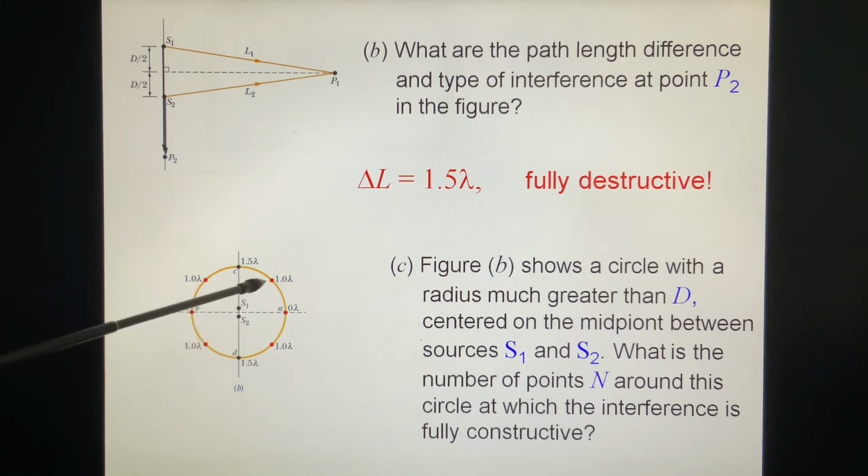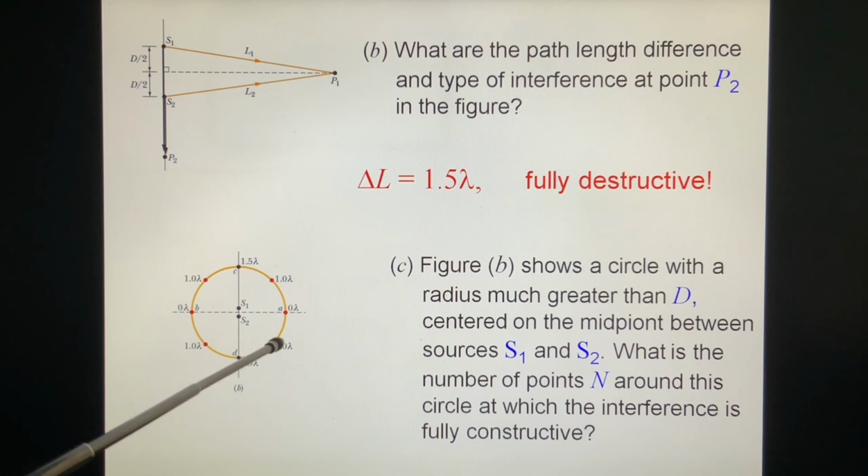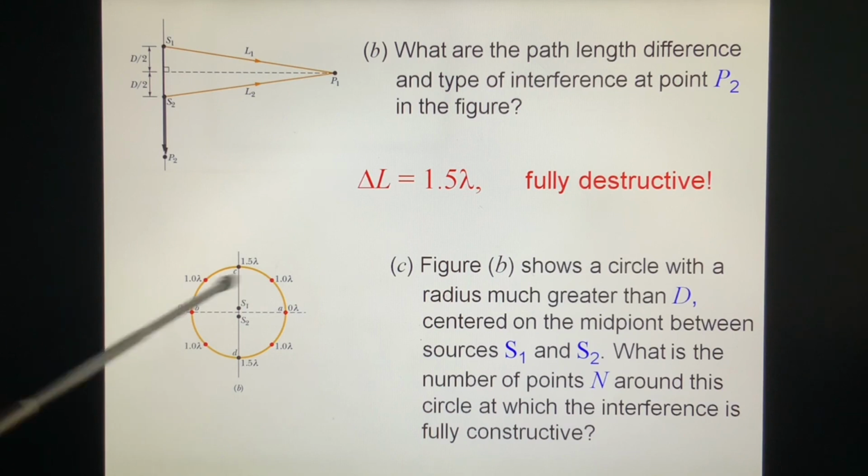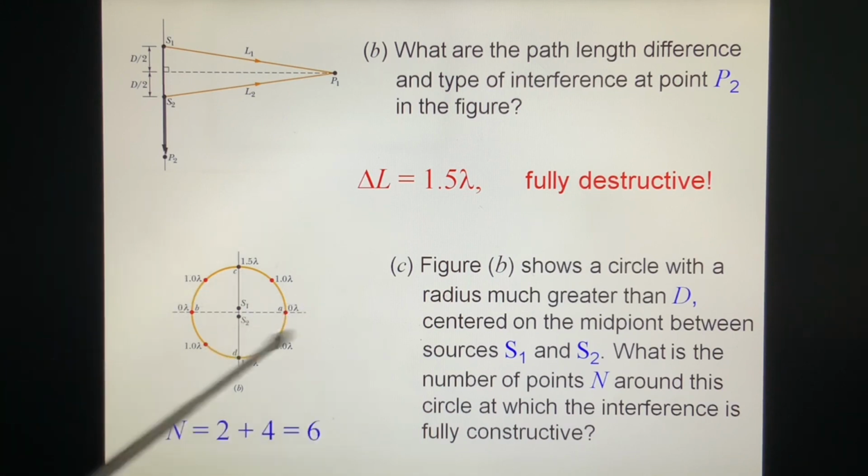In between, you have 1 lambda difference. At this point it is fully constructive, because a 1 lambda difference equals 2 pi difference. So all of these, we want to find: 1, 2, 3, 4, 5, 6. The number is 2 plus 4, 6 points fully constructive.